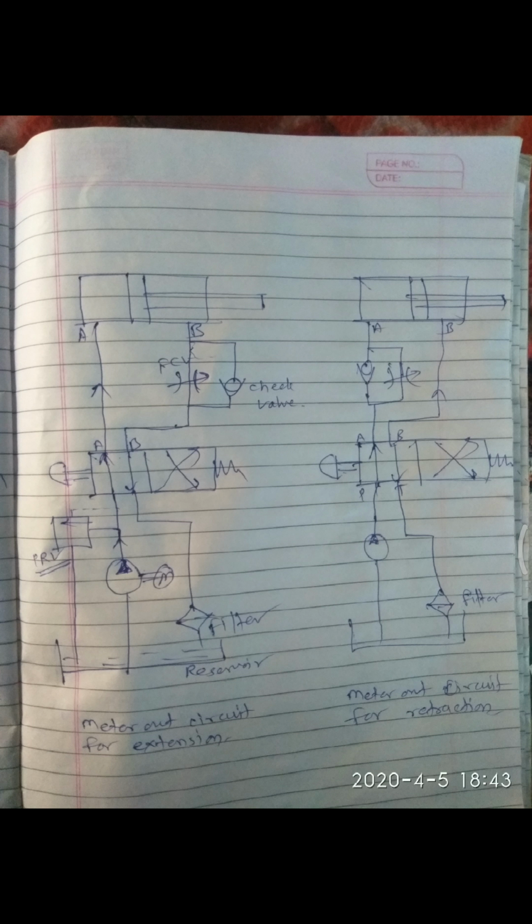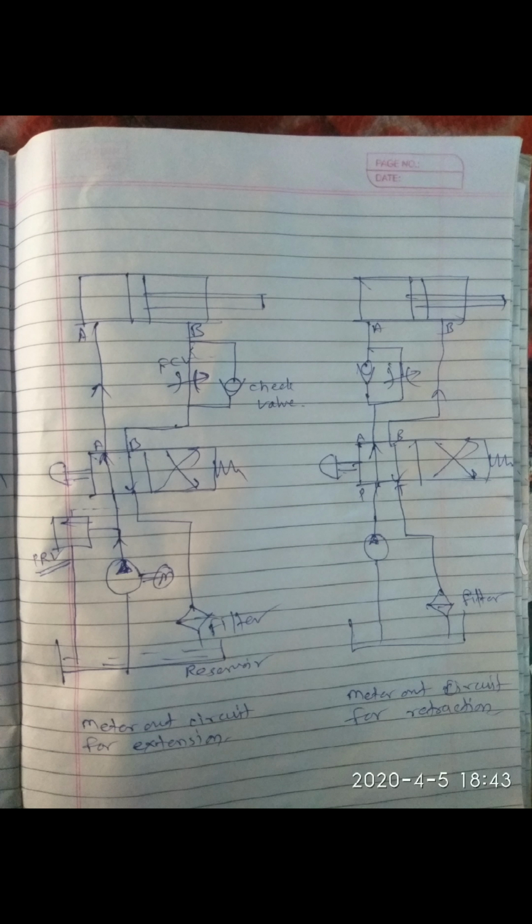Now similarly there can be a meter out circuit for the retraction also. Now here in the retraction stroke, again consider the position number, it is in position number 2. The first position is PT AB as written, this one is position one, and the cross symbol is position number 2.